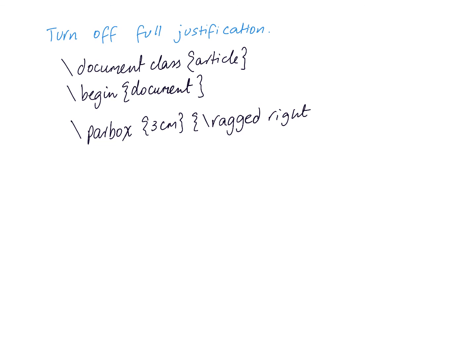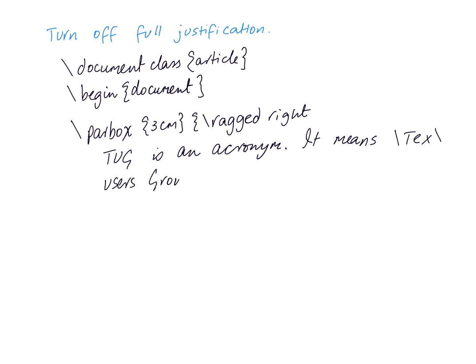Okay? So if I wrote the same sentence, raggedright, TUG is an acronym. It means TeX Users Group, and then end the document. If you see this result, you'll see that the word acronym will appear on the left instead of the right.